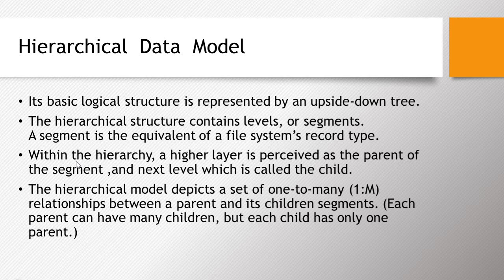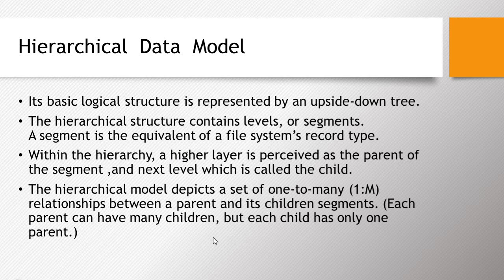The next type is hierarchical data model. So this hierarchical data model is based on the inheritance concept. Its basic logical structure is represented by an upside down tree. It's like a binary search tree, you know already. The hierarchical structure contains different levels or different segments. A segment is the equivalent of a file system's record type.